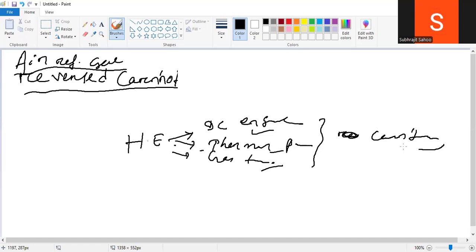Actually, not purely on the Carnot cycle. When the Carnot cycle is modified, new cycles are formed, and these devices work on those cycles. Observe, sir. I will tell you simply.